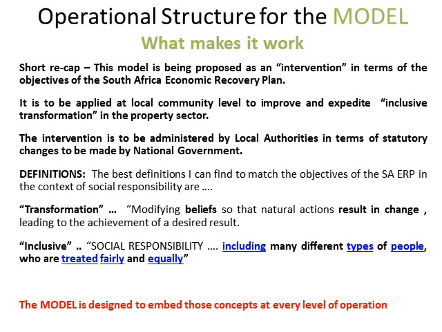So it's not just about the change, it's about modifying the beliefs that drive that change in a natural way. The next important word is inclusive. What does that mean? The best definition I can find in terms of social responsibility means including many different types of people who are treated fairly and equally. So this model is designed to embed those concepts at every level of operation.